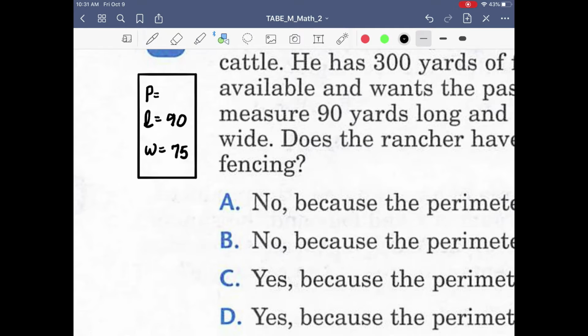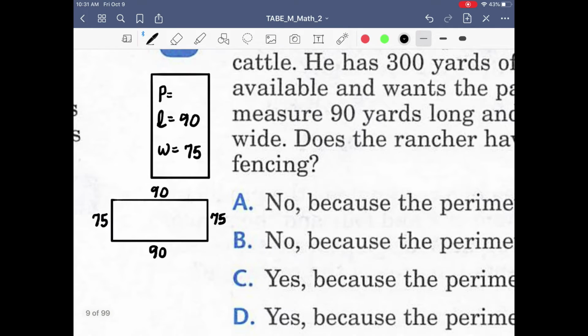So if you sketch yourself a diagram of this pasture, let me try that again. I've had way too much caffeine this morning. So the length is 90 and the width is 75. So you would have 90 here and 75 here. Now if you want to put a fence around that pasture, you need to add those dimensions.